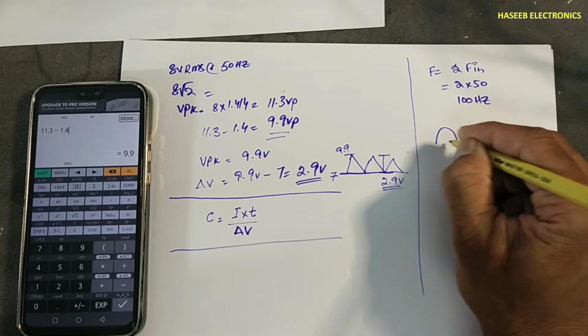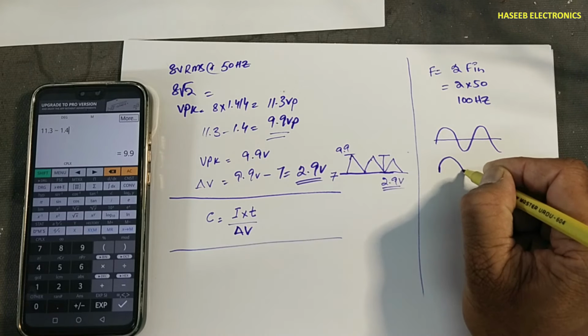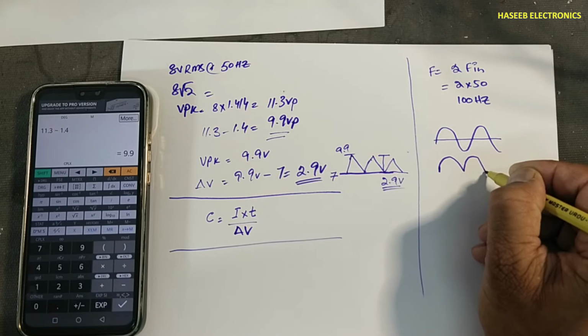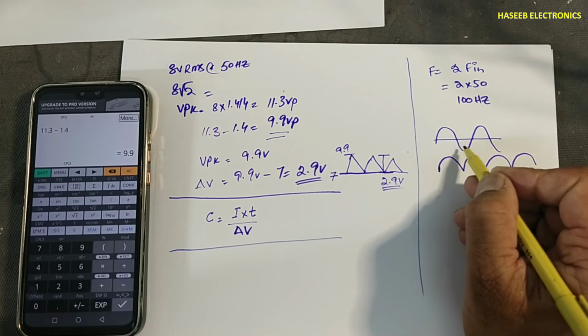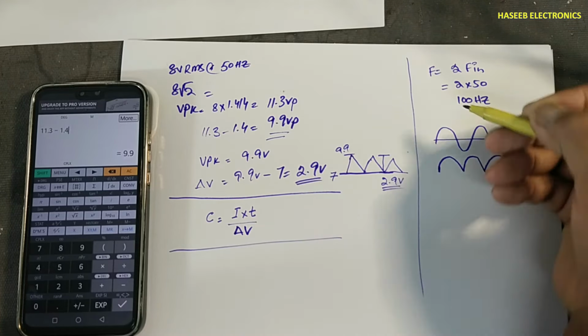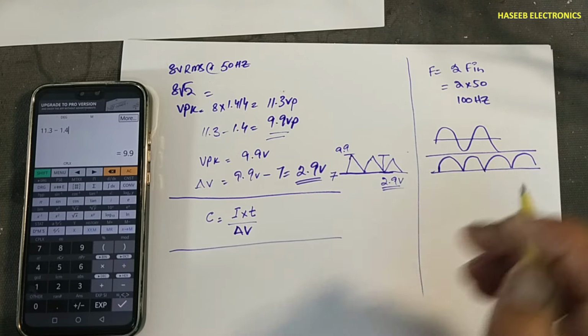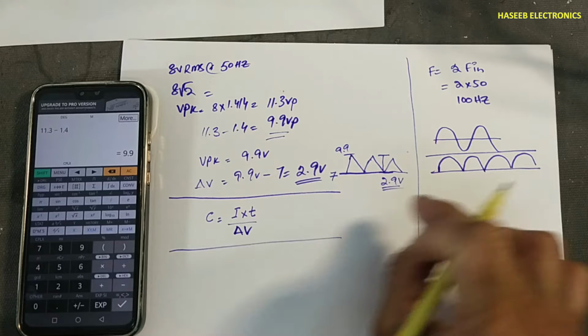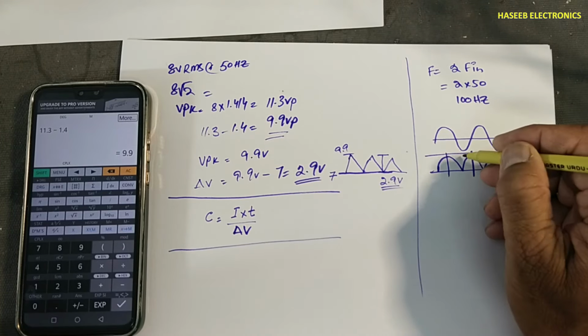If you are providing 50 Hertz, the output of the bridge rectifier is this, it clips negative peaks and provides them on the positive side. This is a bridge rectifier. Now when we are connecting a capacitor, this capacitor will work in 2 portions.